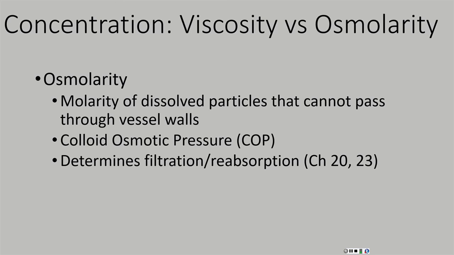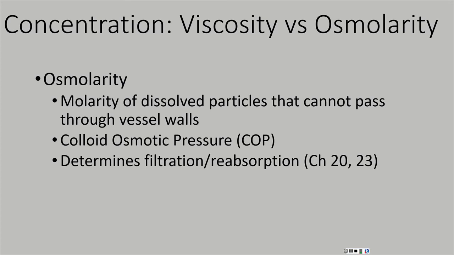But bigger things like albumin, things that are too big to get through those permeable capillaries, pull that water towards themselves. When we measure that all out, the water trying to press its way out and the bigger particles trying to pull that water back in, that gives us the osmolarity.